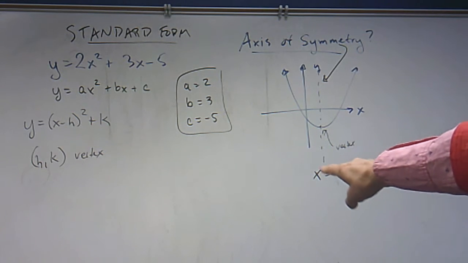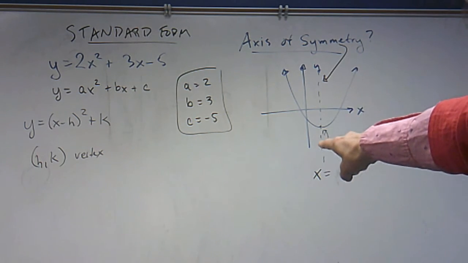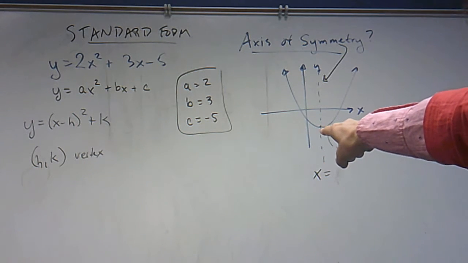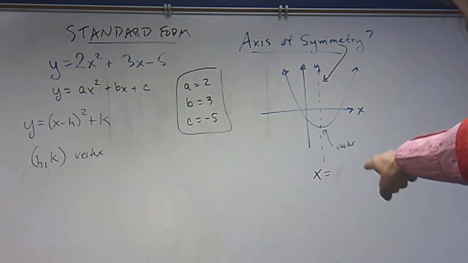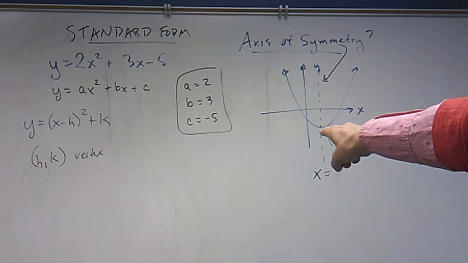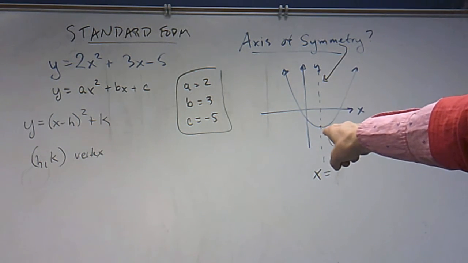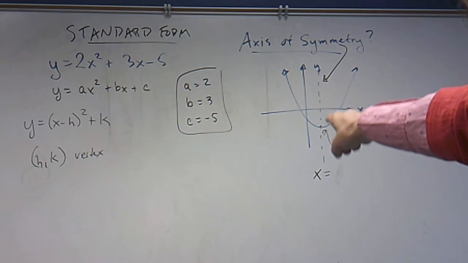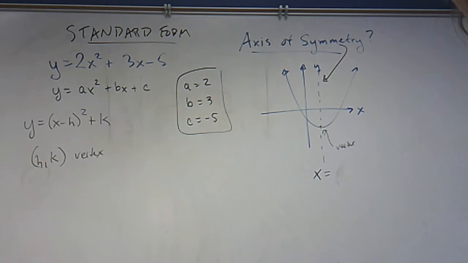Okay. So do you agree that if the vertex lies on this x, what do we do with that value to find the second point, the second part of our coordinate? We have the x, we need the y, right?